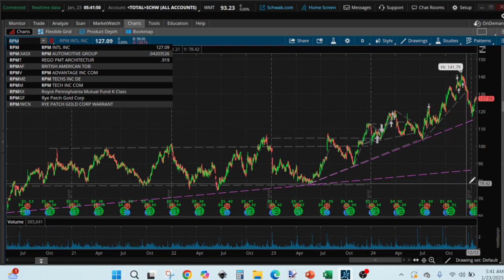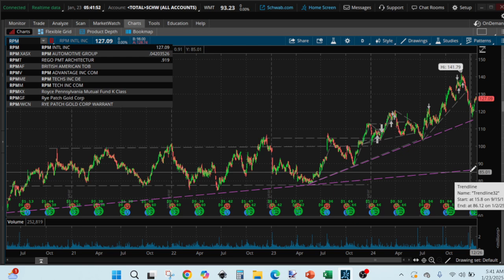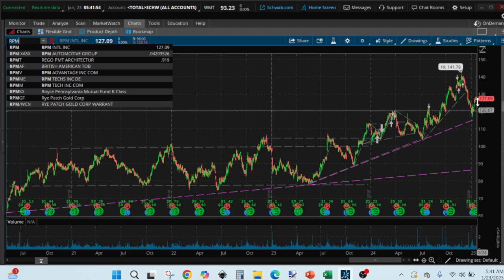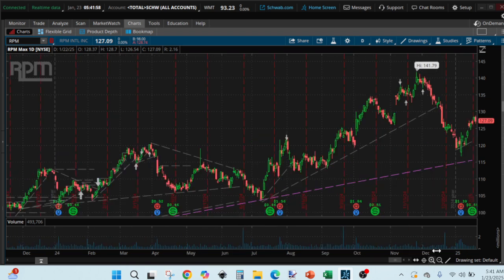Just like it could turn around and try to come down here. But if you like to buy it, I think it's still close enough to this trend line, at the base of a new mountain forming, to enter at the next green bar.